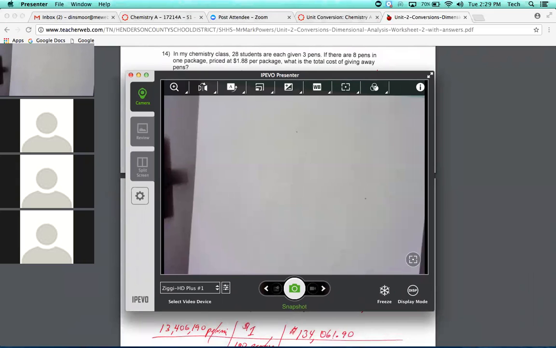So, in my chemistry class, 28 students are each given 3 pens. Okay. So I'm going to help you guys write out what we learned from the problem, and then I'm going to give you a couple of minutes to try to set it up on your own, and then we'll go through it together. And then we'll do a little easier one.